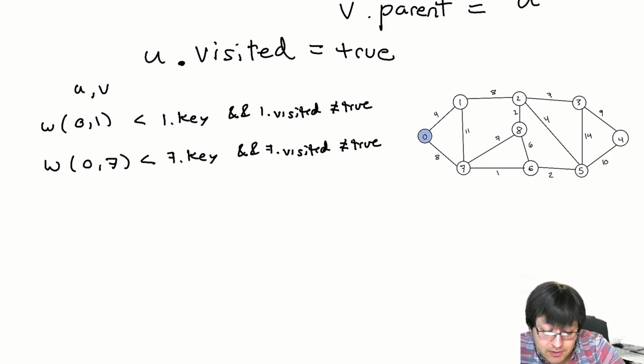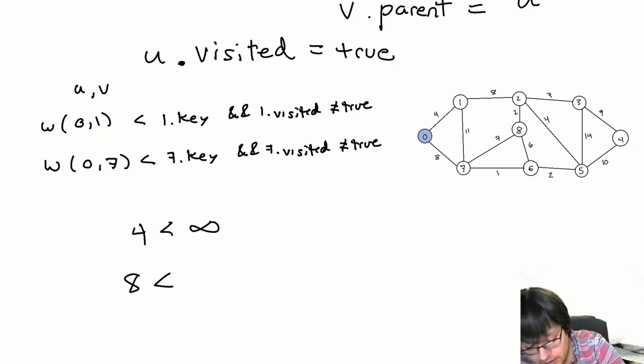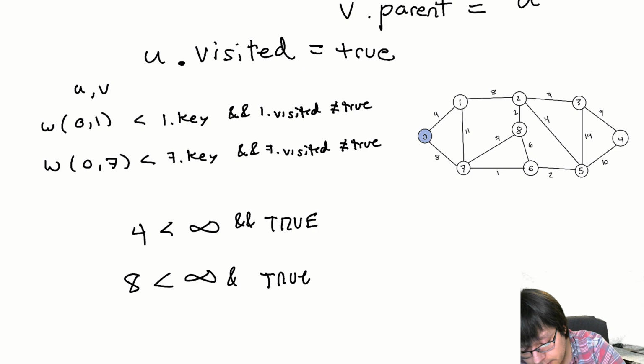That's the 7s. As you've already figured out, the weight from 0 to 1 is 4, and the one from 0 to 7 is 8. Both of those numbers are less than infinity, and both evaluate to true because neither of them has been visited.